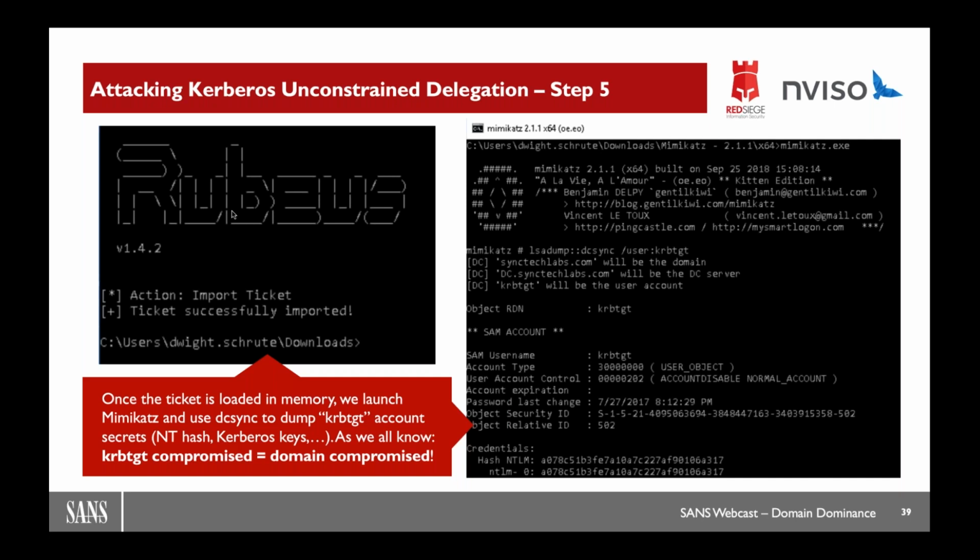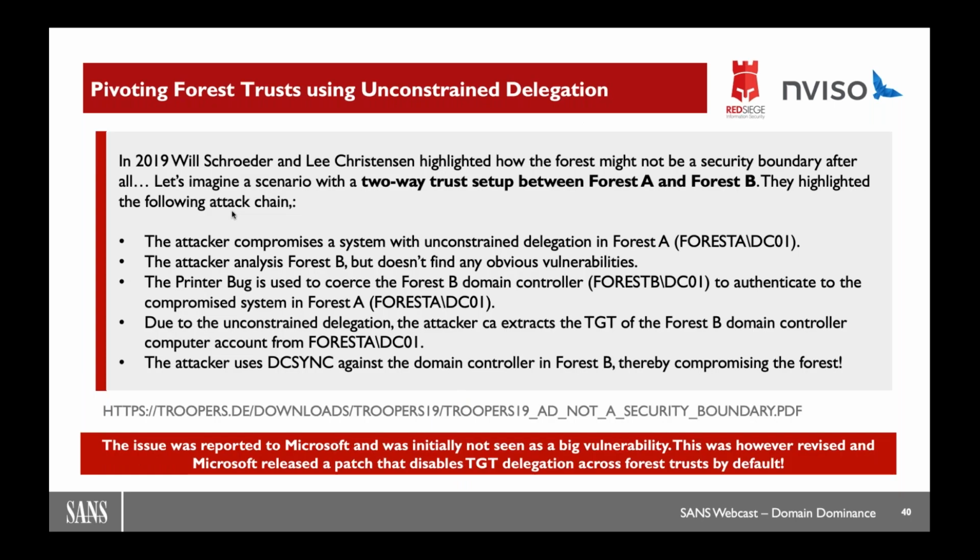Okay, that's still domain admins, right? How do you pivot from one forest to the other one? Well, simple. An attacker compromises a system with unconstrained delegation in forest A, but wants to jump to forest B, and doesn't find any vulnerability in forest B. However, they use the printer bug to coerce the forest B domain controller to connect to the forest A system.